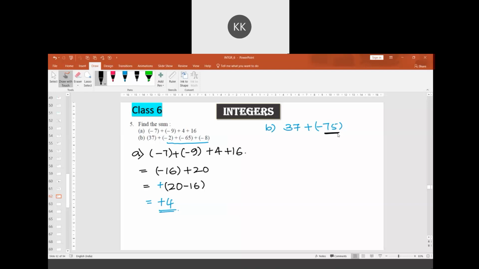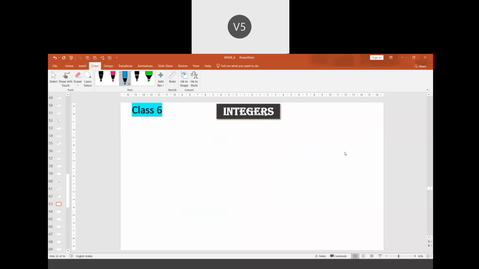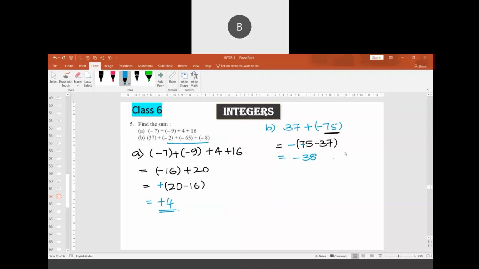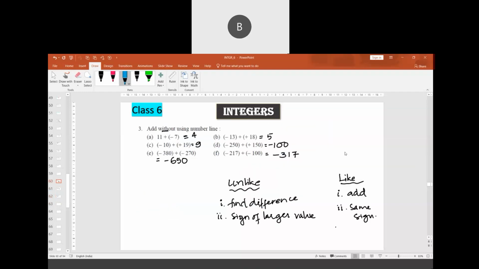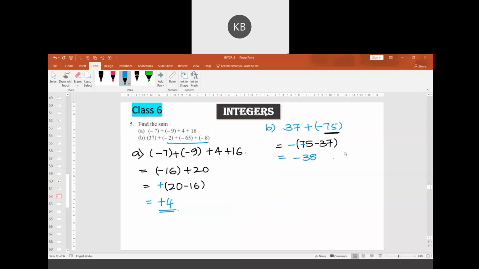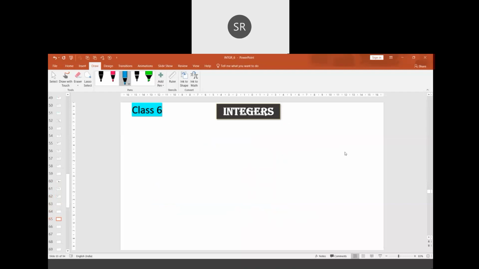Minus 75 you will get. Yes, you have just observed, I am taking the minus sign here. So minus 38 is the answer. So it's very easy.